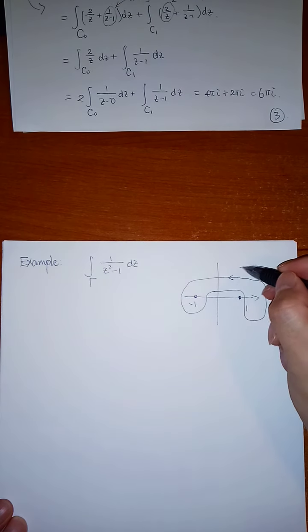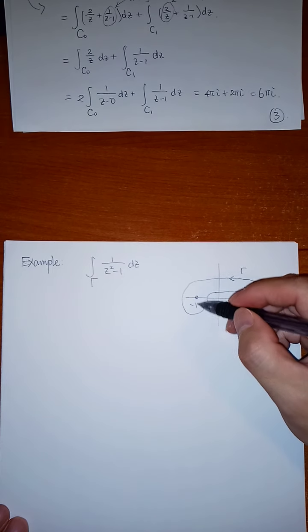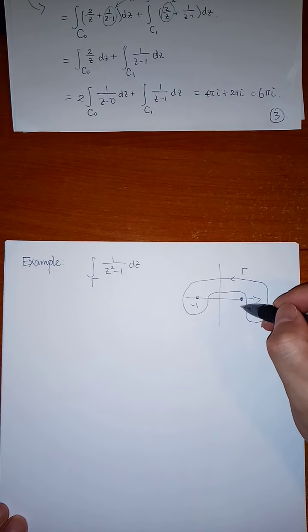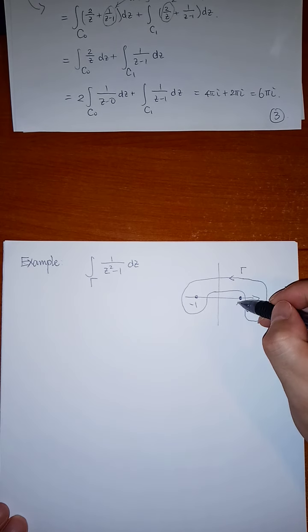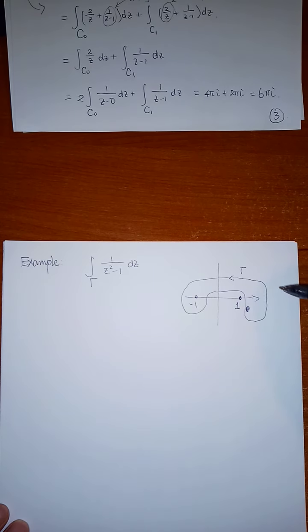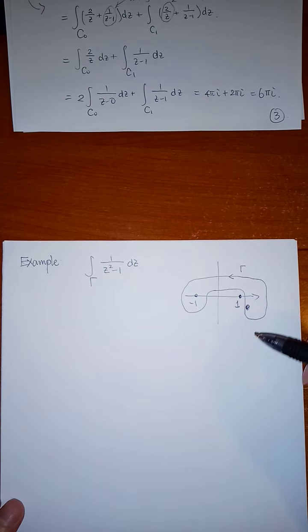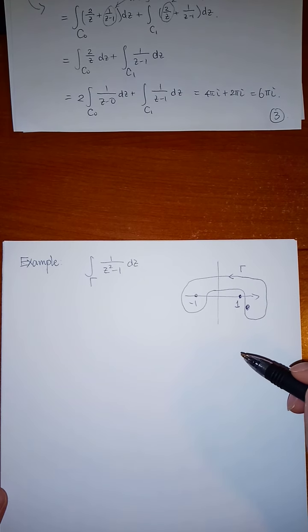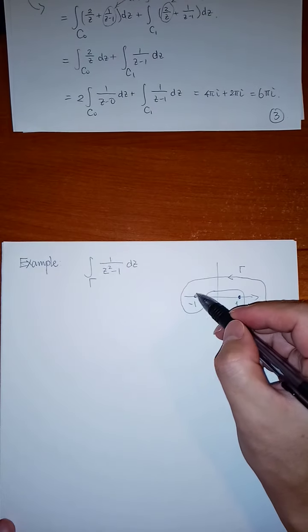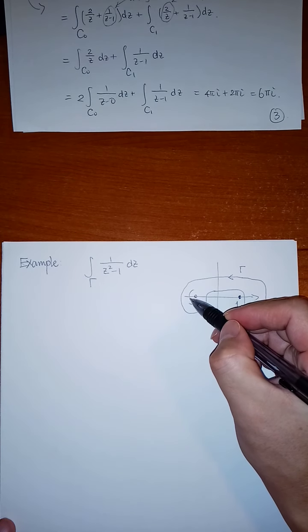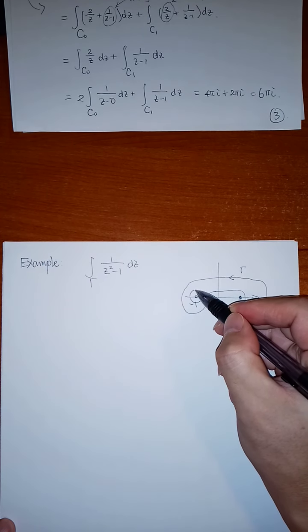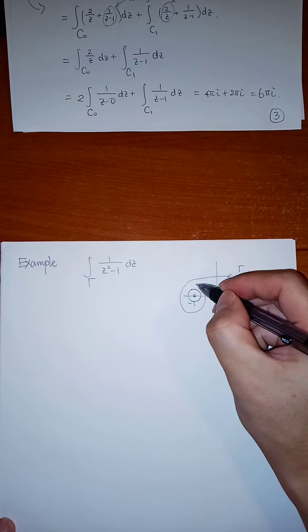Okay, this is gamma. Gamma includes negative 1, but excludes 1. 1 is here. And it's a counterclockwise orientation.